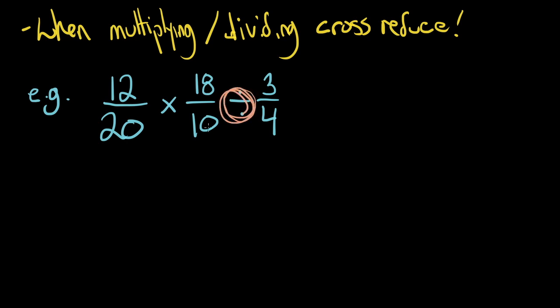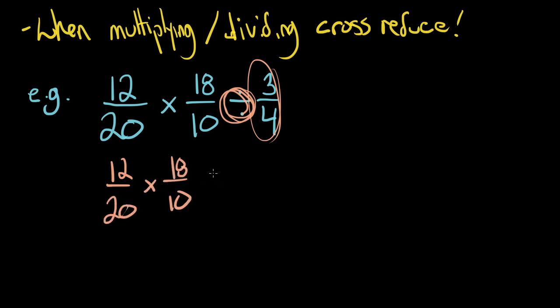So keep the 18 over 10. We're going to change this to multiplying, and we're going to flip this. So our new question becomes 12 over 20 times 18 over 10, multiplied by now 4 thirds. Sweet. Now let's go back to maybe some happy green colors. I want to cross-reduce. Now one thing I want to show you, there's so many different ways you could reduce.